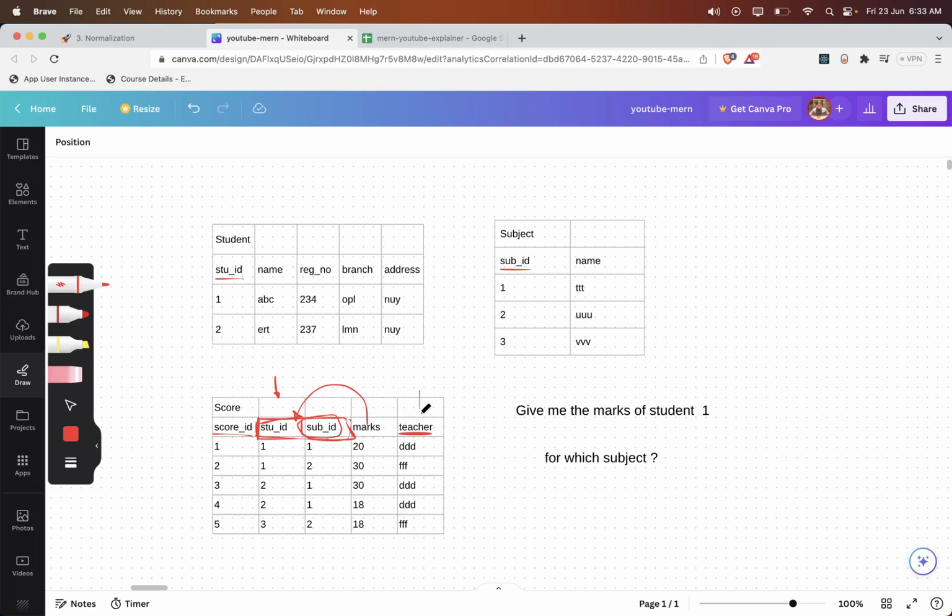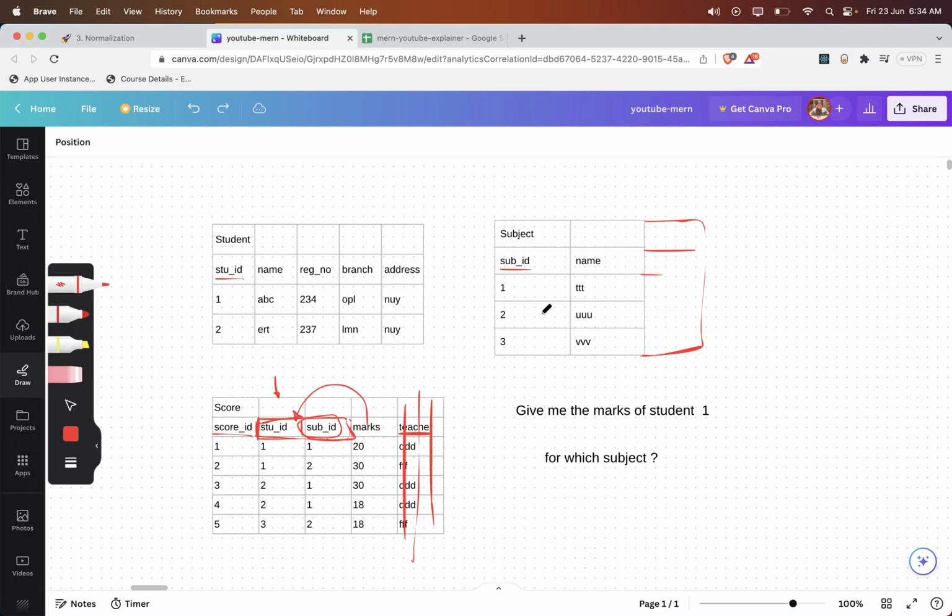So this column shouldn't be here. We need to remove this column from here. So where to place that column? How to remove the partial dependency? You need to add the column teacher over here, in the subject table.